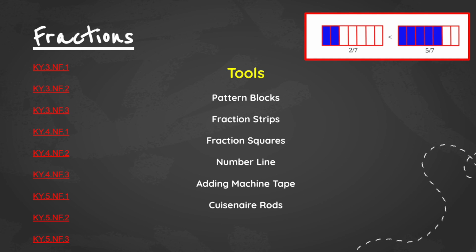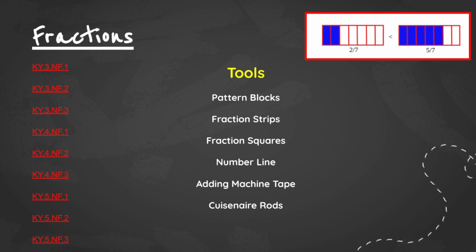But what we have to do for our kiddos is make it concrete. We have to give them those tools and let them build those pieces and make those fractions. So let's look at what you have in your kit with fractions to work with.